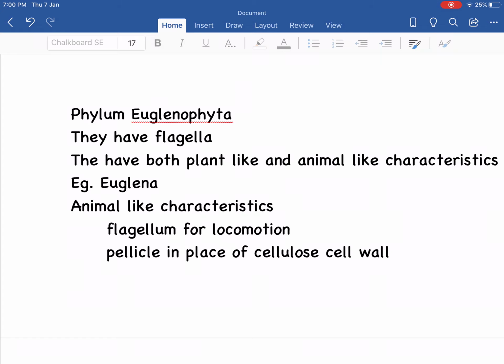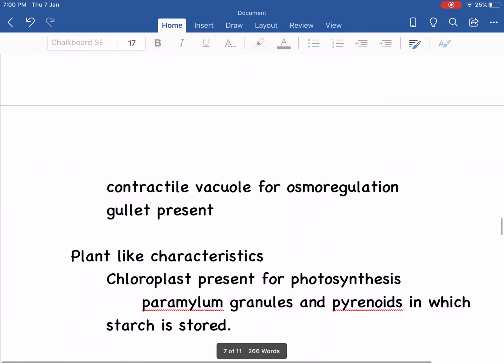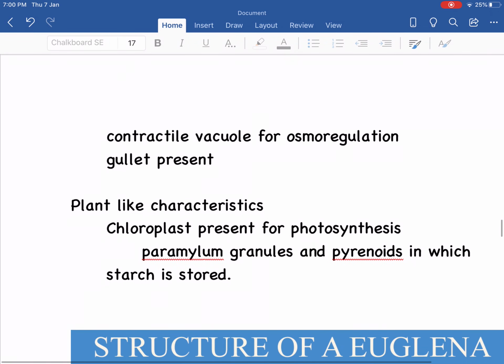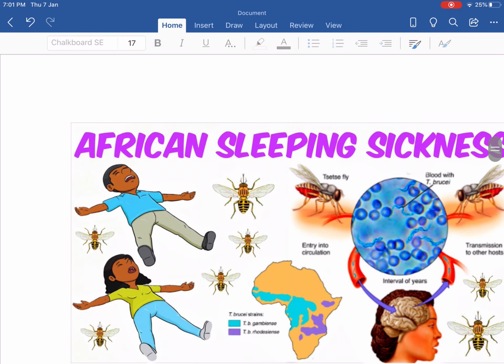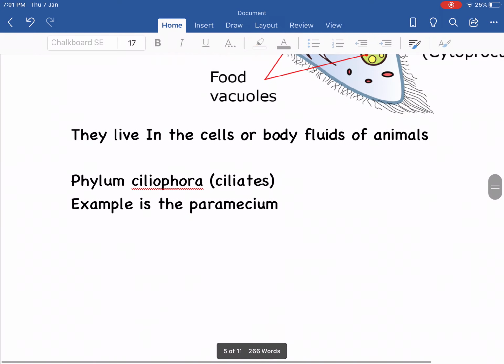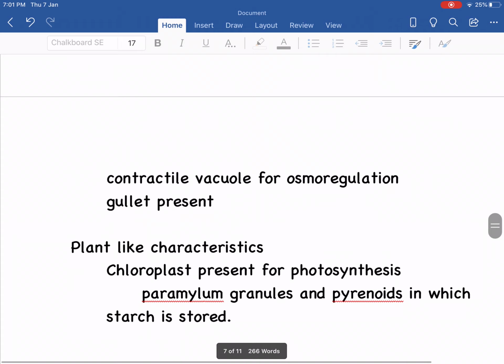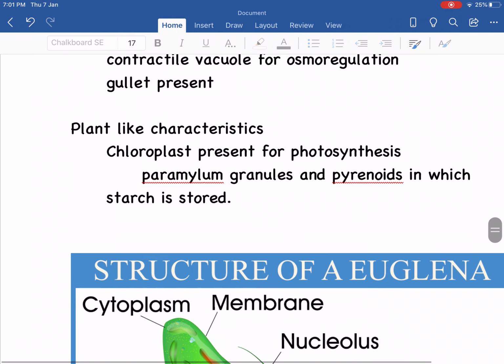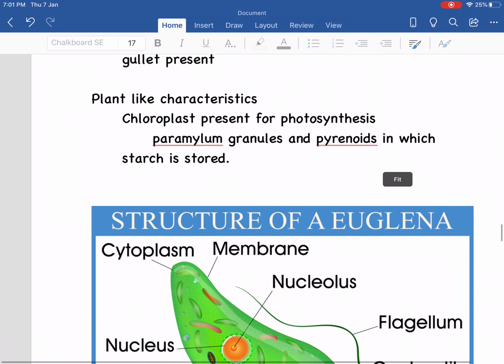Pellicles in place of cellulose cell walls surround their bodies. They also have contractile vacuoles for osmoregulation. There is also a gullet present. Gullet is an esophagus. As you know, only animals have an esophagus. Plants do not have an esophagus.